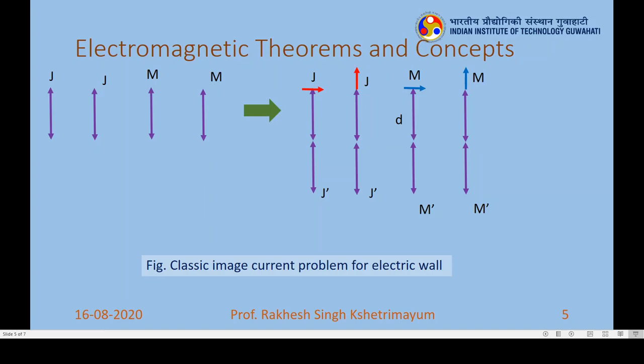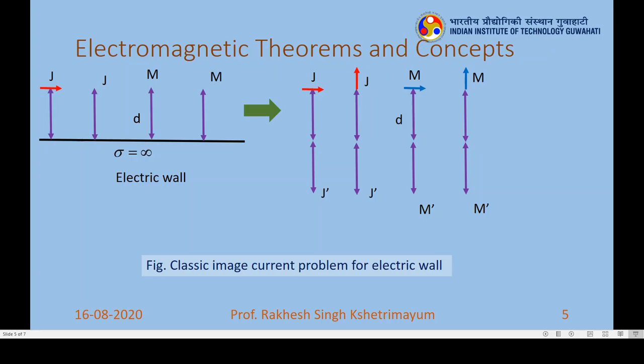What do we have? In the original problem, we have an infinite conducting plane, and for the infinite conductor, we have sigma equal to infinity. This is an electrical wall. So in that case, I will consider 4 different kinds of sources. The first source is, all the sources are at the distance d above the electric wall.